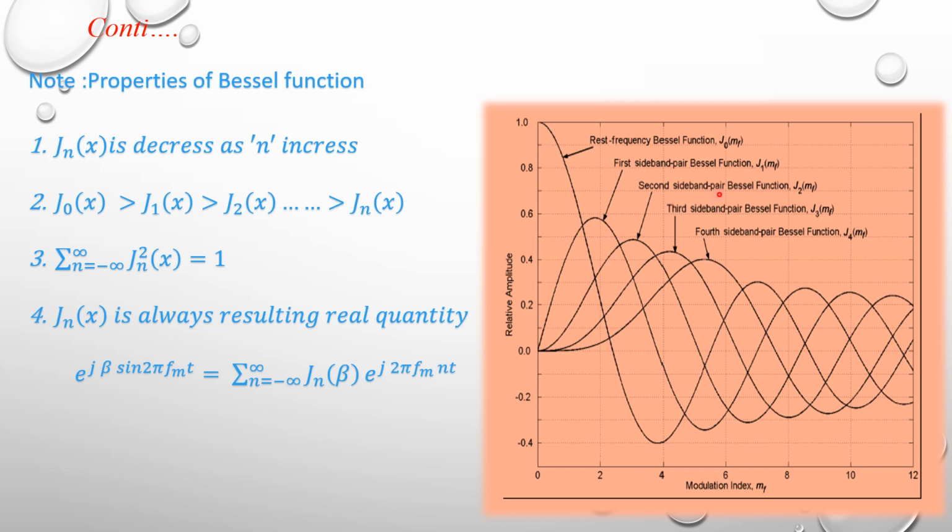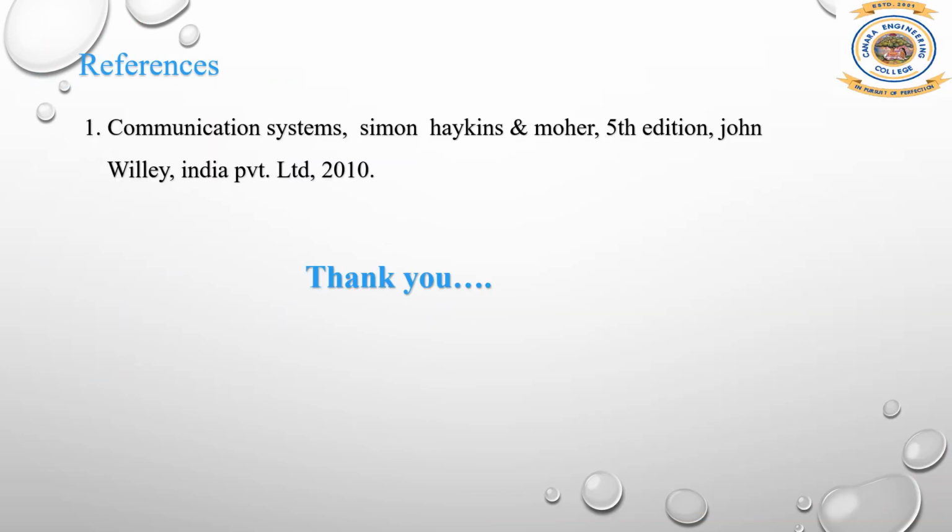For n equal to 2, the amplitude is lesser compared with the first two, and for n equal to 4, the amplitude is minimum. So in wideband FM, the amplitude level and sideband frequencies depend totally on the n value. Thank you.